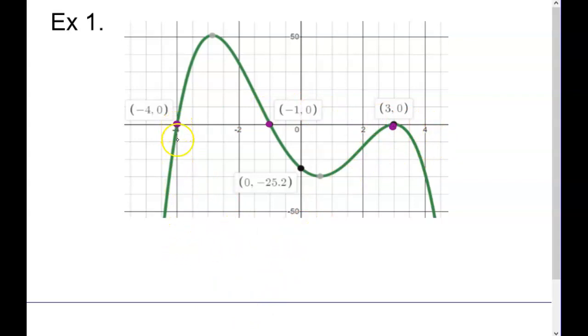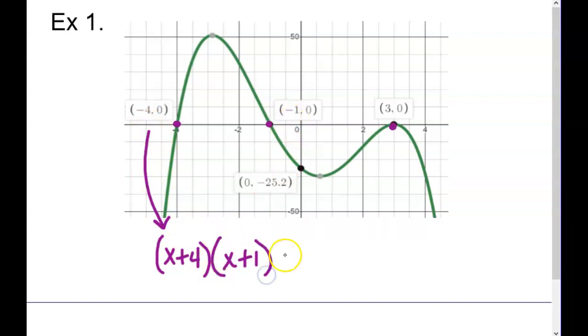So this has a 0 at -4, is that right? So the factor would look like x plus 4. Is everybody okay with that? If there's a 0 at -1, there's a factor of x plus 1. If there's a 0 at 3, there's a factor of x minus 3.